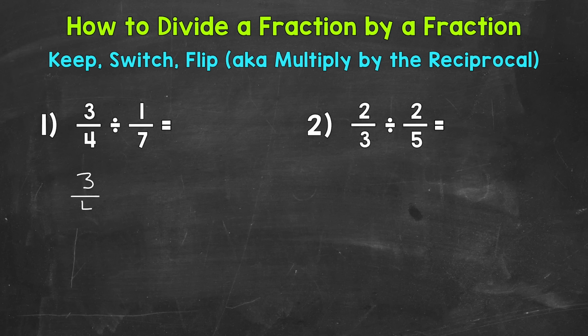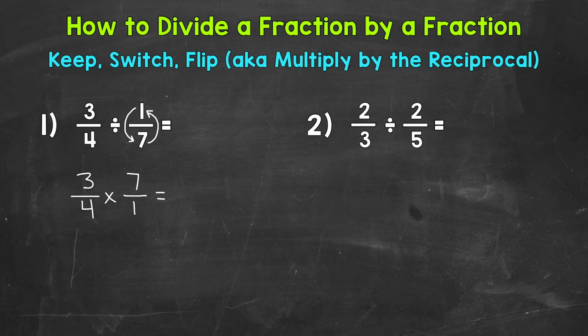So we keep 3/4 as is. We switch to the opposite or inverse of division, which is multiplication. And since we switch to the opposite or inverse of division, we're going to flip the second fraction. So the 7 is going to be our numerator, and the 1 is going to be our denominator. So we end up with 7/1.